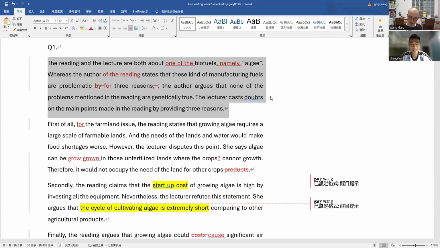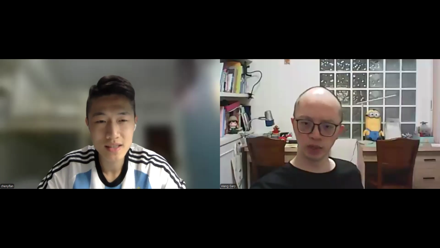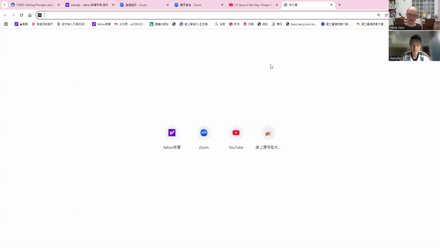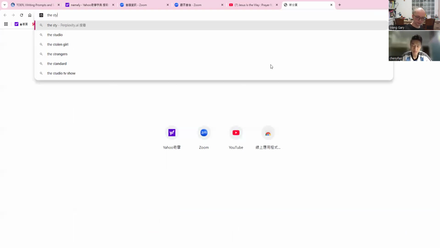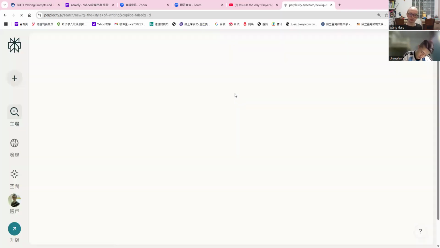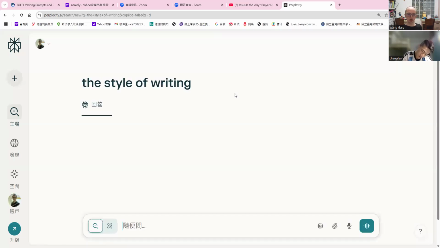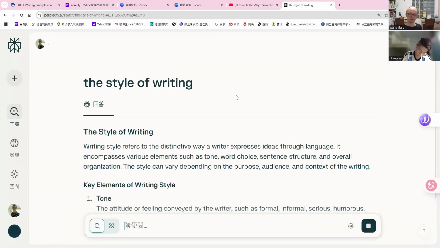If you really have some extra time to do some extra reading, I will recommend you one book, which is The Style of Writing. It is a classic. This book was written a long time ago.